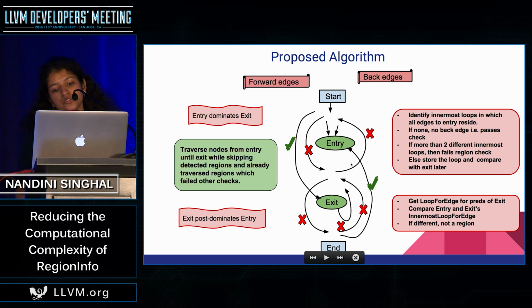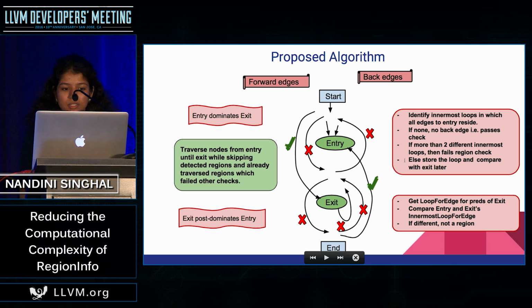If an entry block is residing in two loops, then you identify the innermost one and store the information, and you do the same for the exit block. If both of them do not belong to the same innermost loop, that means they do have such a loop. If they do belong to the same one, that means there is a back edge from below the region to above the region, which is allowed.